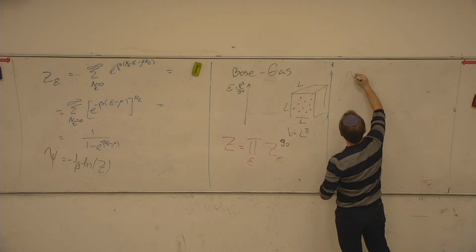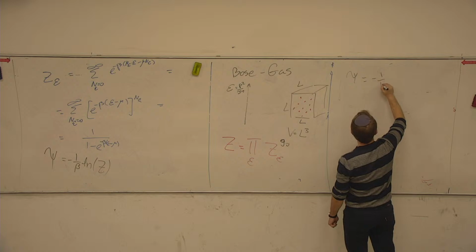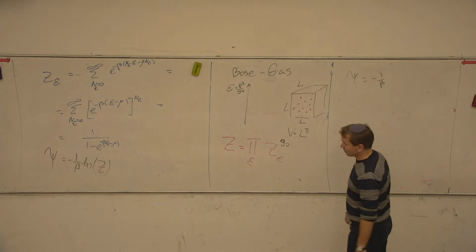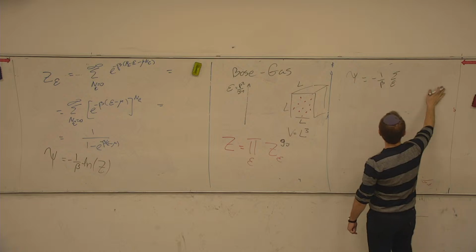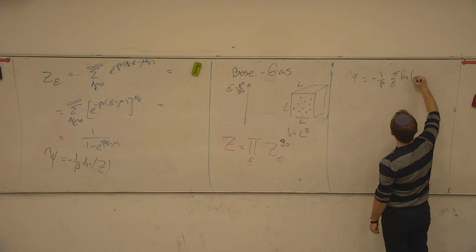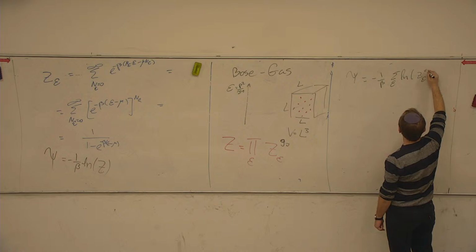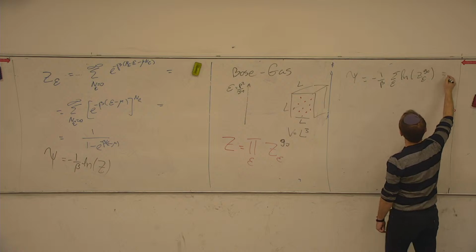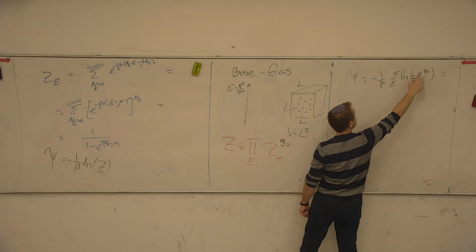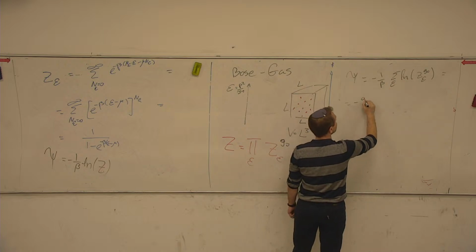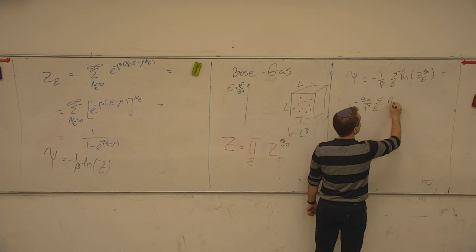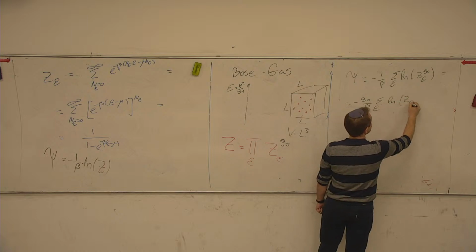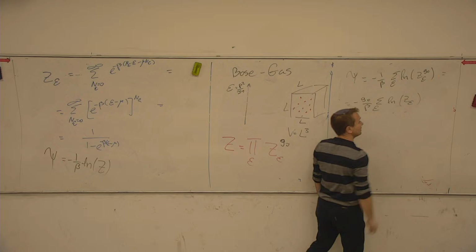So psi is minus 1 over beta, a sum over epsilon, log of z epsilon to the power g0. We can take this degeneracy out, and we have minus g0 divided by beta, a sum over epsilon, log of z epsilon, and that's it.